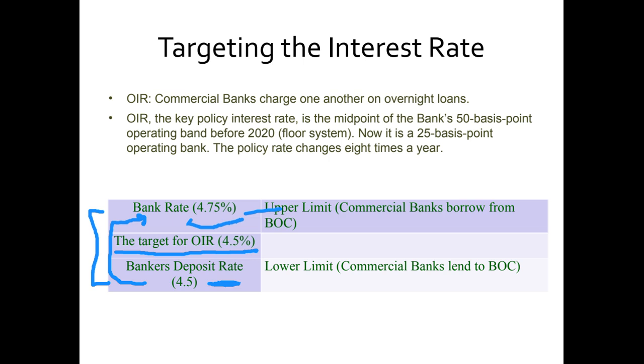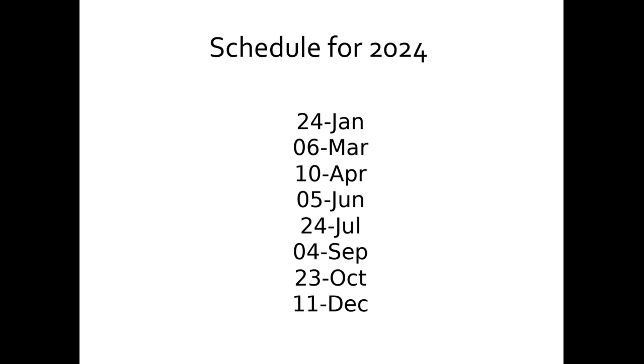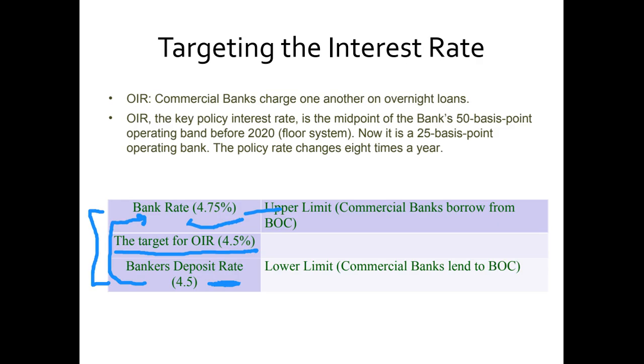So there are many different interest rates. You might be surprised that all interest rates are interrelated. If the policy rate increases through a Bank of Canada announcement, all other interest rates will also increase. And if the policy rate decreases, all other interest rates will also decrease. So this is the rule.